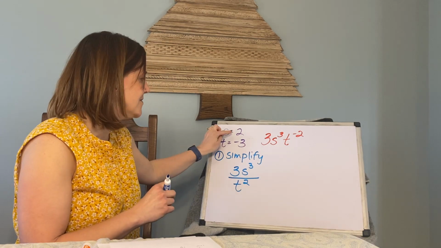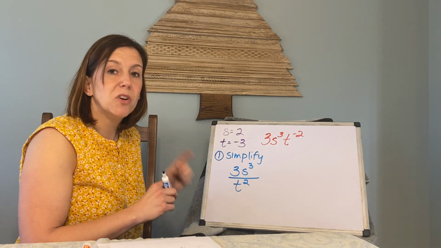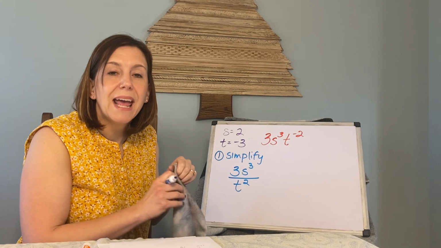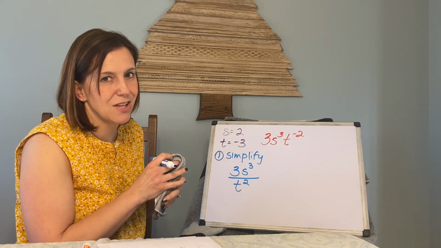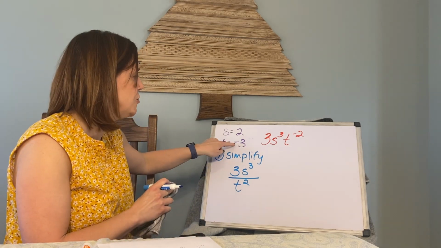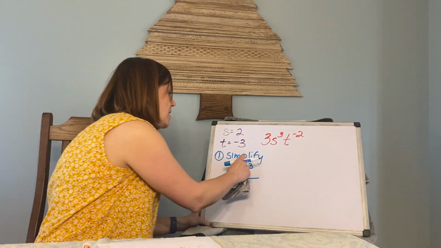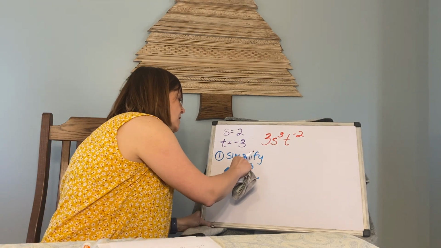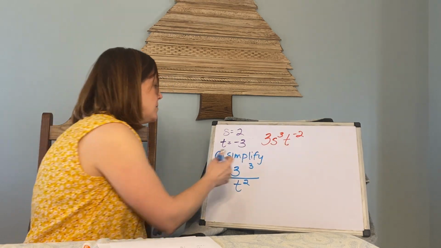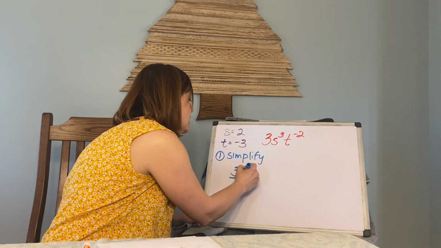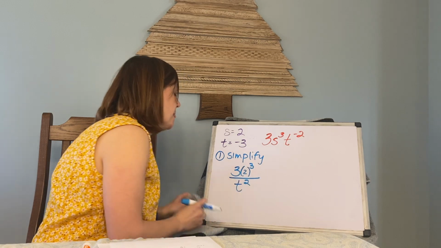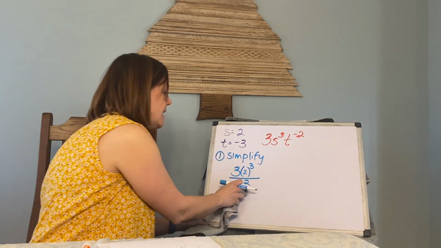Now I'm going to take these values and plug them in. And I'm going to do that with my whiteboard. And remember, parentheses. You have to use parentheses to make sure you don't lose the correct meaning of this negative number. So look what I'm going to do. Just for the sake of whiteboards, I'm going to plug in 2. And I know t equals negative 3.